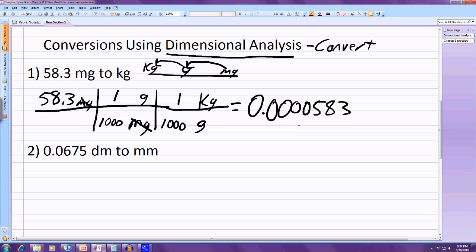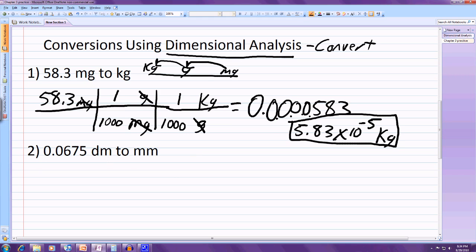So we would end up going 5.83 times 10 to the negative, what would that be? 1, 2, 3, 4, 5. Negative fifth, and what's our unit that's been left over here through all the cancellations is kilograms. Alright, and that would be our final answer.